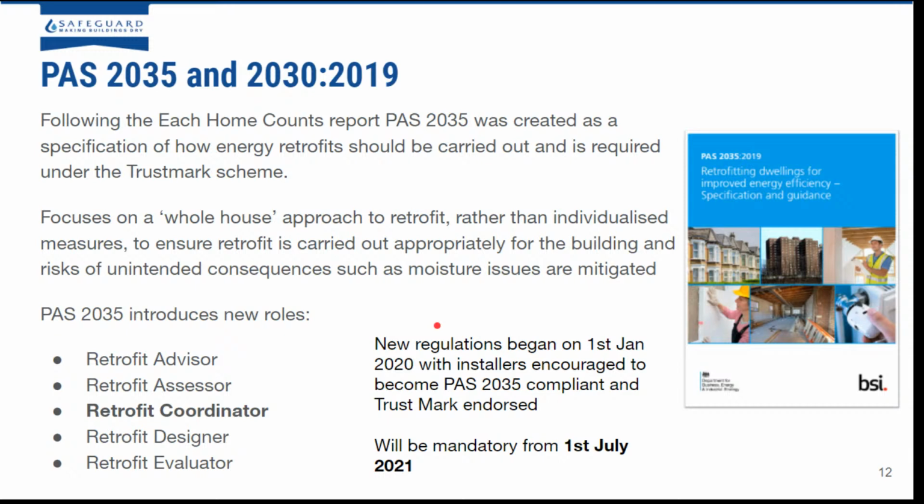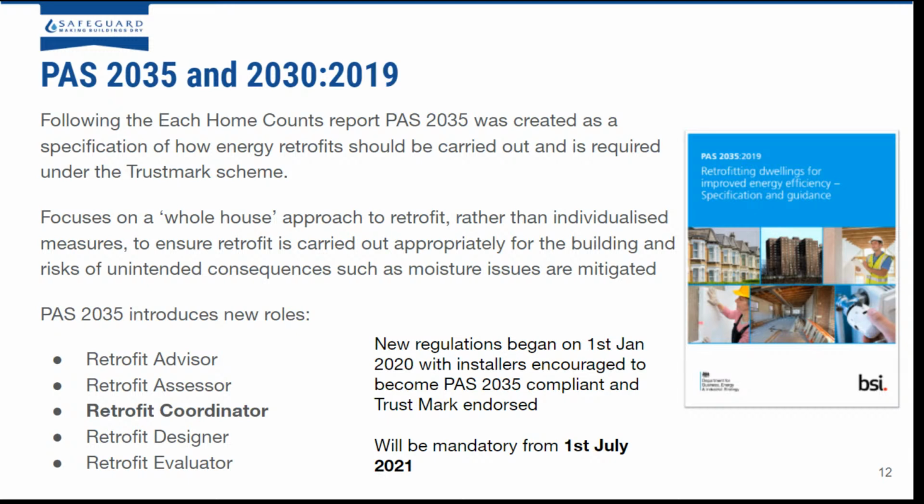So what is PAS 2035? Following Each Home Counts, this was created as a specification of how energy retrofits should be carried out and is required under the Trustmark scheme. This focuses on a whole house approach to retrofit rather than individualised measures. This is to ensure retrofit is carried out appropriately for the building and risks of unintended consequences such as moisture issues are mitigated.